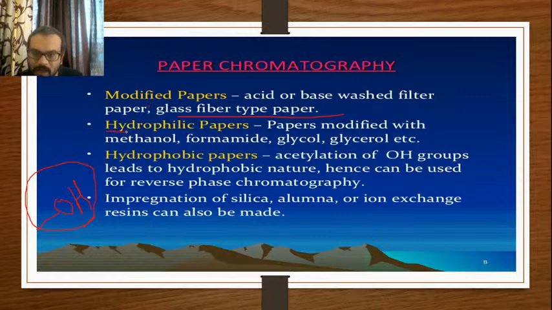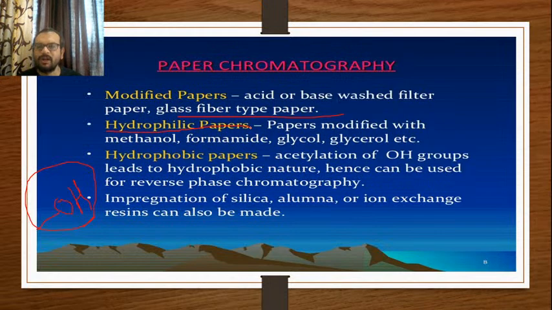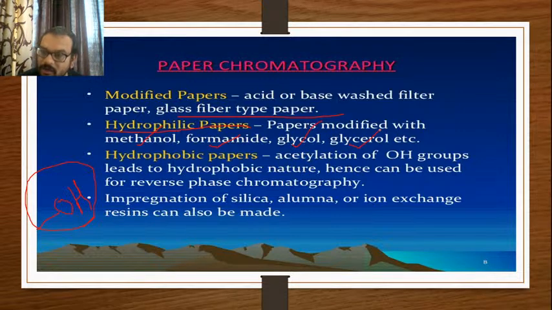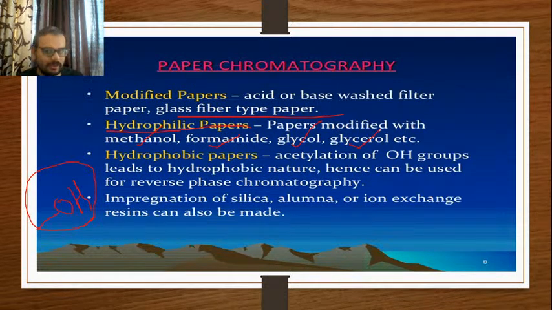At times you can convert your paper into a hydrophilic paper; the paper needs to be modified or treated with methanol. You can treat it with formaldehyde, glycol or glycerol and convert it into a more hydrophilic nature, so that you can easily separate out the constituents of the sample which are not separated using simple Whatman paper.